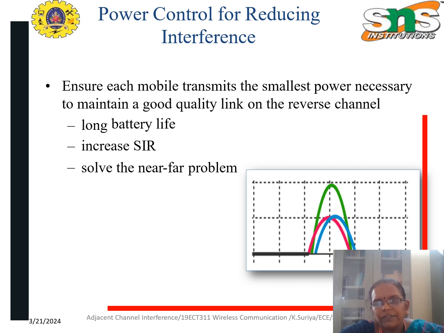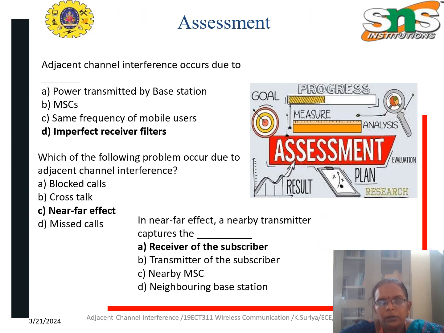When transmitting power is more, it will radiate to a larger distance, which will cause interference with the adjacent cells. So we have to maintain only less transmitting power. It also leads to long battery life, increases the signal to interference ratio, and also solves the near-far problem. So that's all about adjacent channel interference.